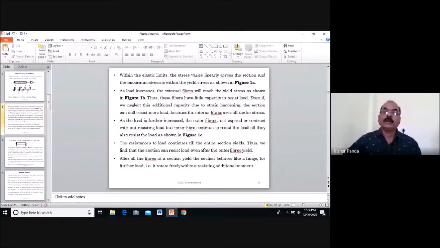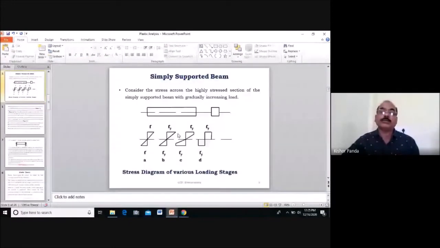Actually, after all the fibers at a section yield, the section behaves like a hinge. For further load, it rotates freely without resisting additional moment. So after yielding of the outer fibers, the section resists more load till all fibers of the section yield.